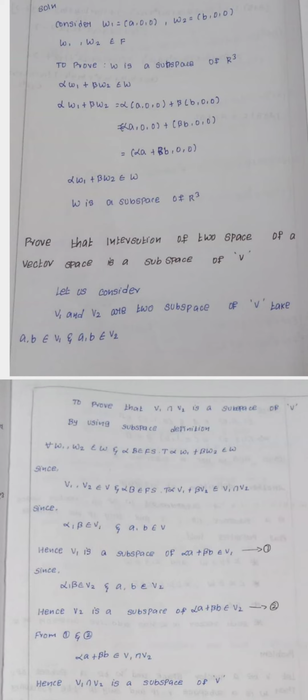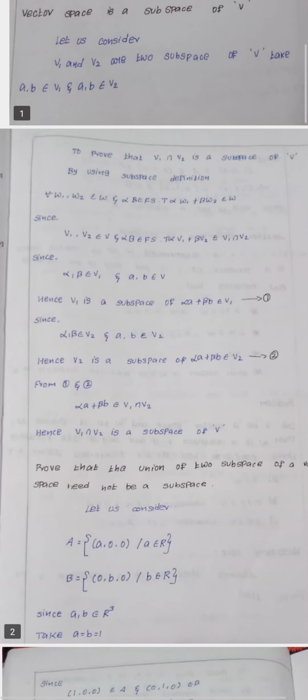Since alpha and beta are scalars and a and b belong to V1, and V1 is a subspace, alpha a plus beta b belongs to V1. Since alpha, beta are scalars and a, b belong to V2, and V2 is a subspace, alpha a plus beta b belongs to V2. From equations 1 and 2, alpha a plus beta b belongs to V1 intersection V2. Hence V1 intersection V2 is a subspace of V.